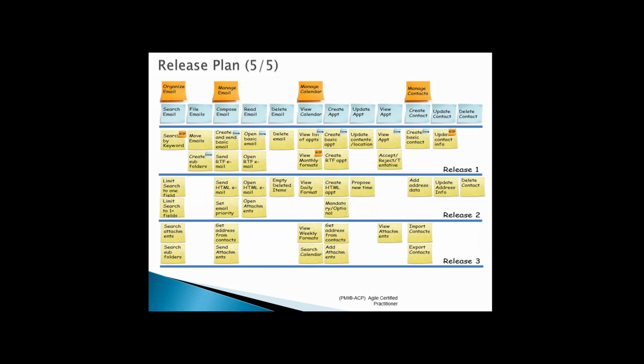As part of release 1, you have these requirements here. WIP means work in progress, done otherwise. And these are all the requirements that I wish to release as part of my release 2. These are all the user stories which I want to accomplish as part of my release 3. So this is called your release plan.